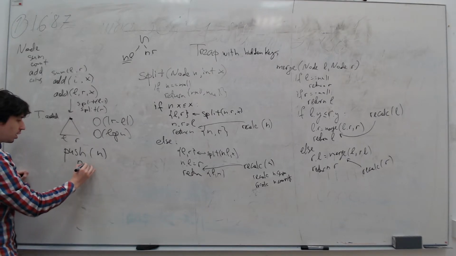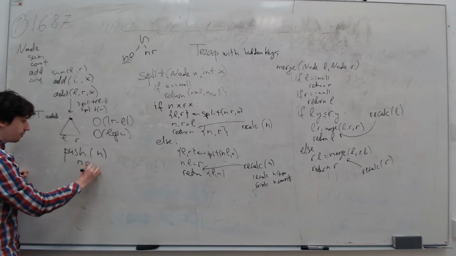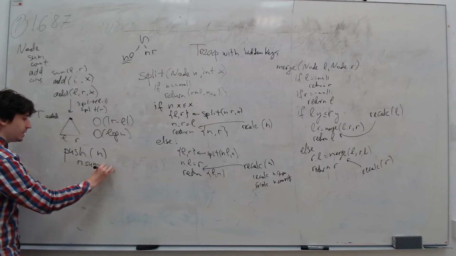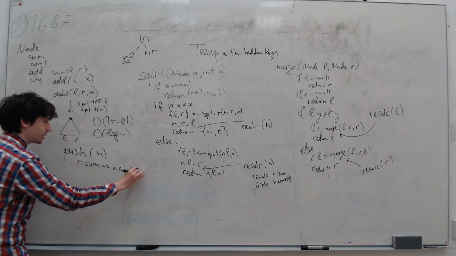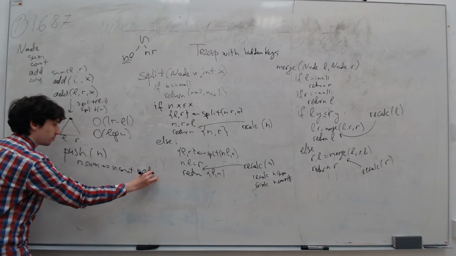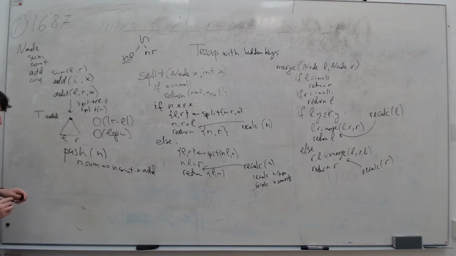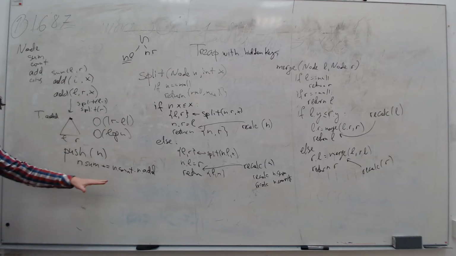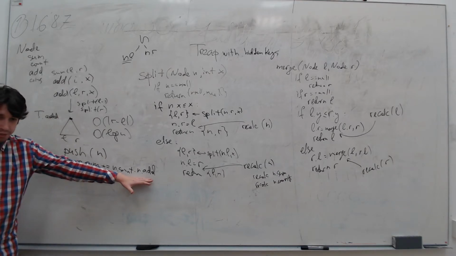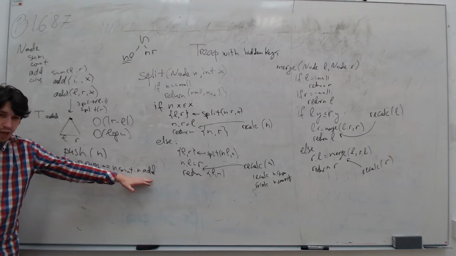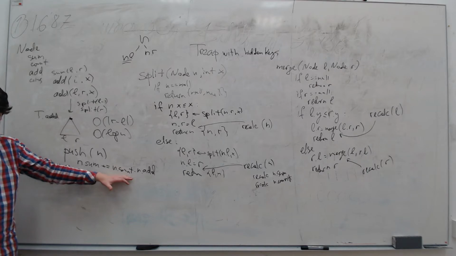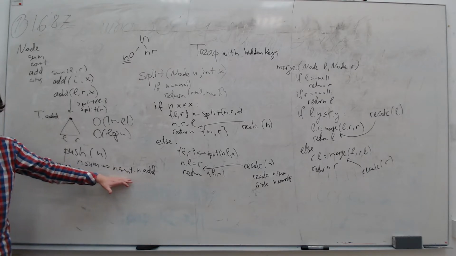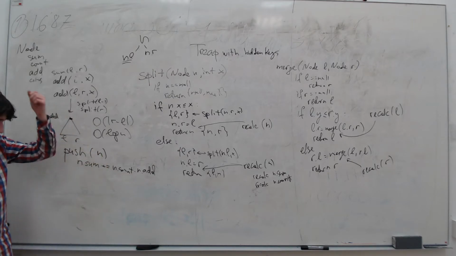So you say n dot sum plus equals n dot count times n dot add. You know that you have to add n dot add to all the elements in the subtree, and you multiply this by n dot count, because this will give you how much we should add to the sum.